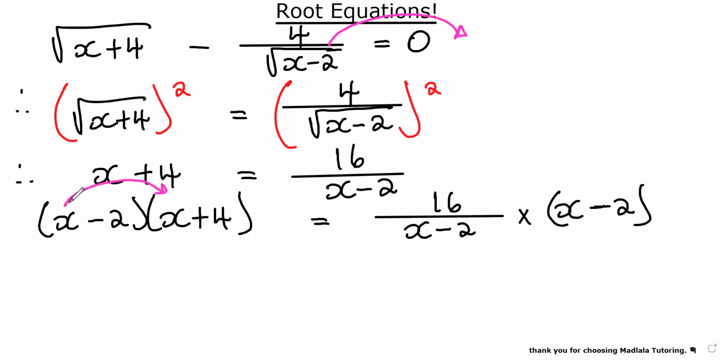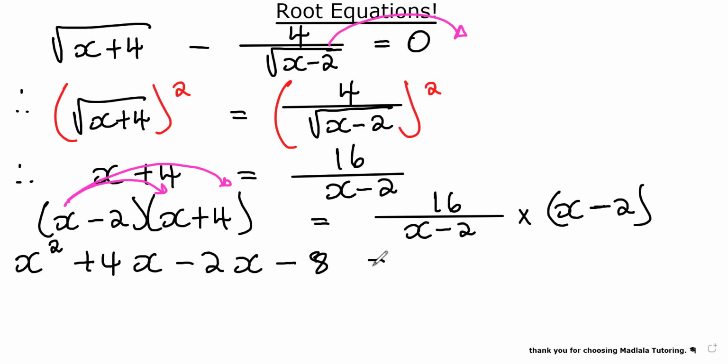So take this one, take that one, and do the same for the others as well. Just to show it for once, x by x, we get x squared, and then x by 4, that is 4x. Negative 2 by x, negative 2x, negative 2 by 4, negative 8. The x minus 2's will cancel out, and this is what you have.